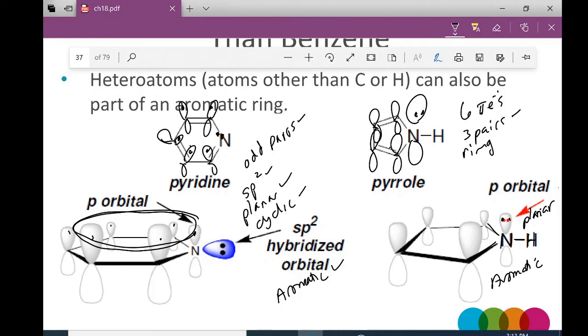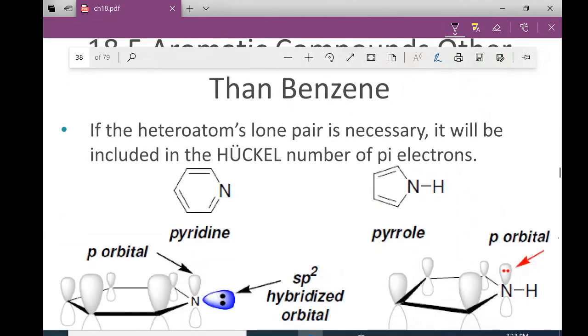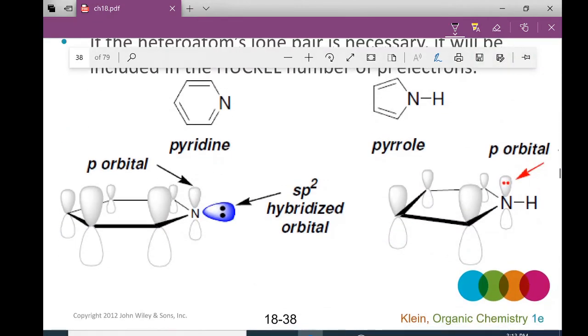But notice this lone pair is participating in aromaticity here, but it isn't here. In this molecule on the left, pyridine, it's actually sticking out to the side. The lone pair is perpendicular to the pi system. So what does that mean? It means that something like pyridine can act as a base, whereas the lone pair in pyrrole is not basic.